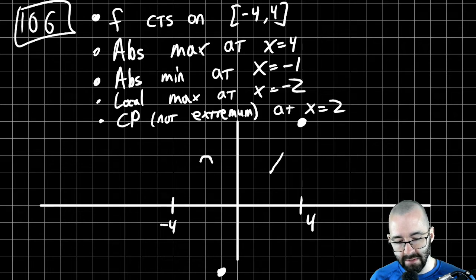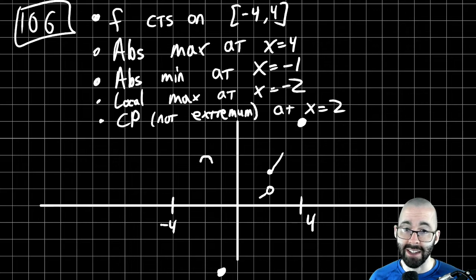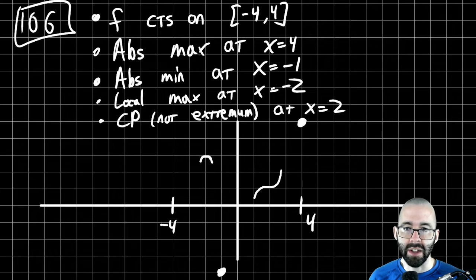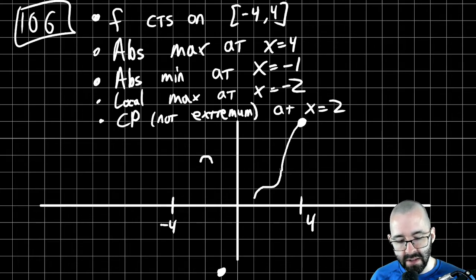I was going to say it could look like this, but now it's not continuous. So we do need to have things continuous. So again, you can do whatever you want when x is 2. Just make it look something like that. And then we can just connect these any way that makes sense.